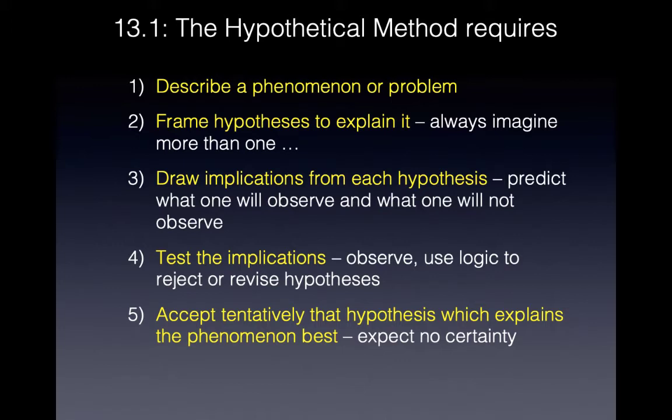Third, you want to draw implications from each hypothesis. That is, you have to predict what you will observe if it's true, and also what you will not observe if it's false. So that if you observe what you should not observe, then you should give it up. Quick example. In the case of the hypothesis, sugar causes hyperactivity in children, we've got the experimental group, the kids that actually eat sugar.